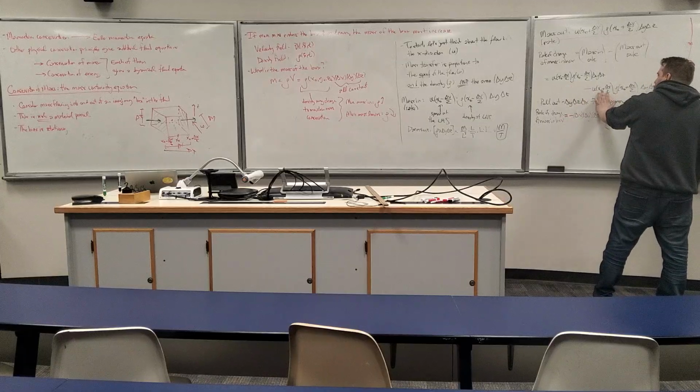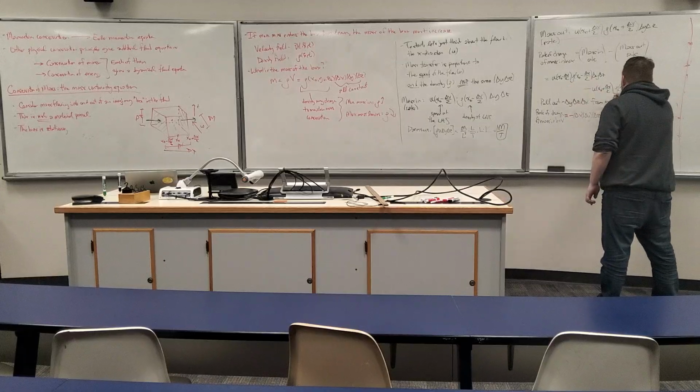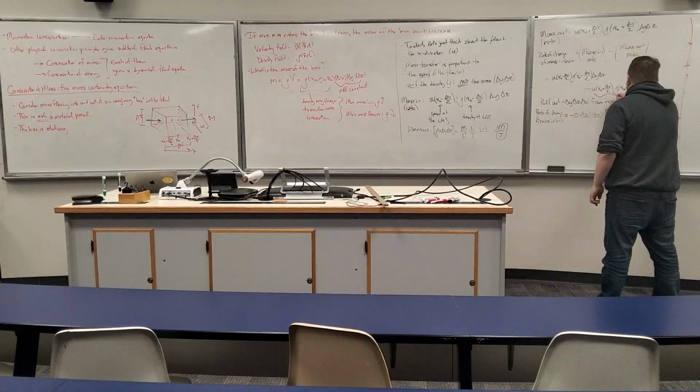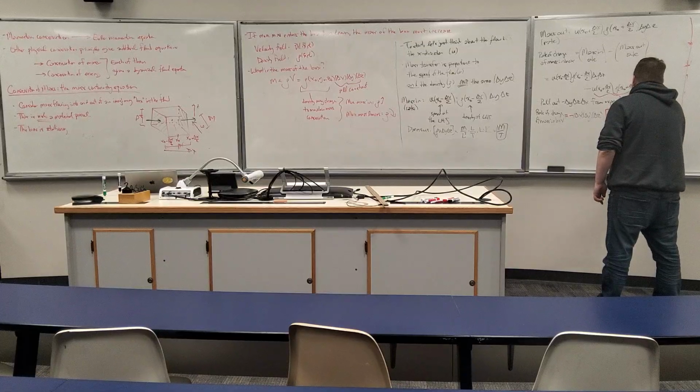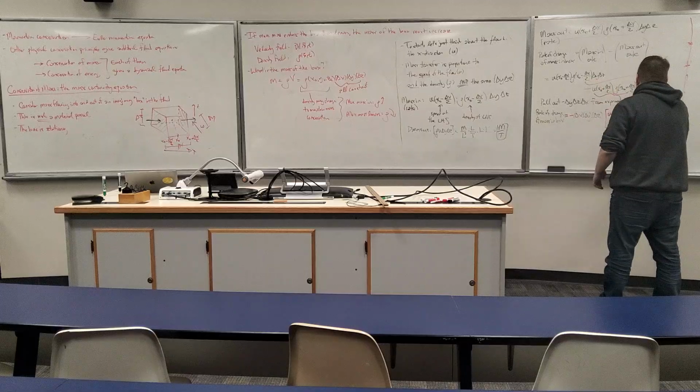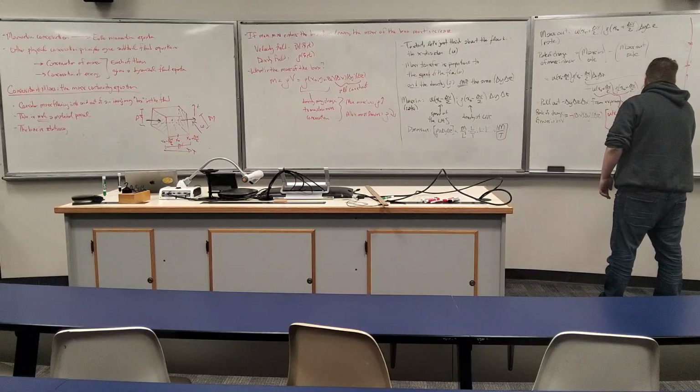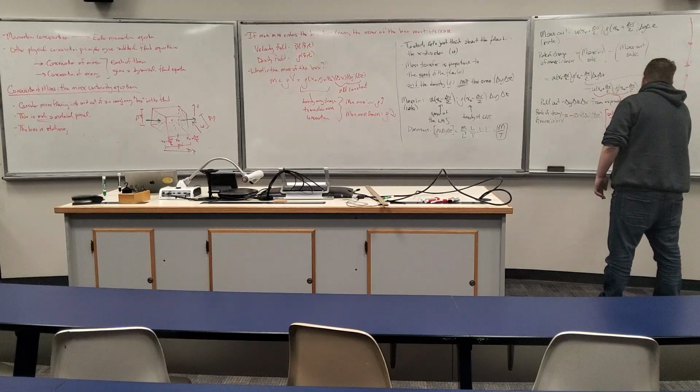So we get u of x naught plus delta x over 2, rho of x naught plus delta x over 2, minus u of x naught minus delta x over 2, rho of x naught minus delta x over 2, all divided by delta x.